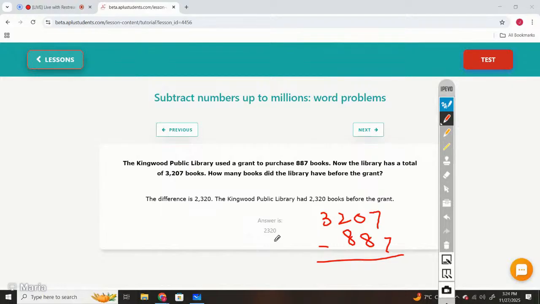So we need to subtract. 7 take away 7 is 0. We need to borrow 1. 10 take away 8 is 2. We need to borrow 1. 11 take away 8 is 3 and 2. So that is 2320. The correct option is 2320.